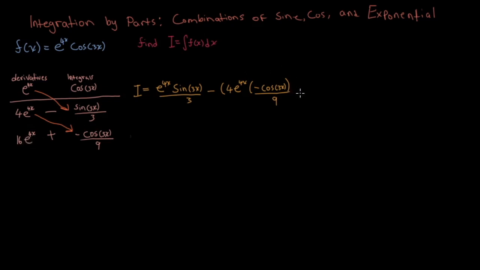Since we're going across, we're going to do plus the integral of negative 16 over 9 times e to the 4x cos 3x. Now why did I write it like this?